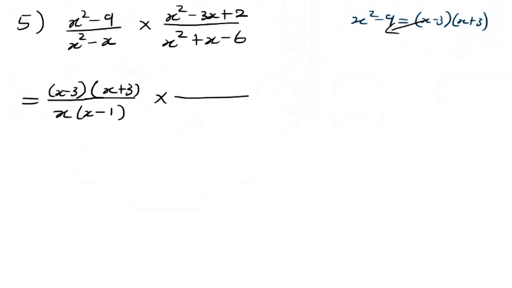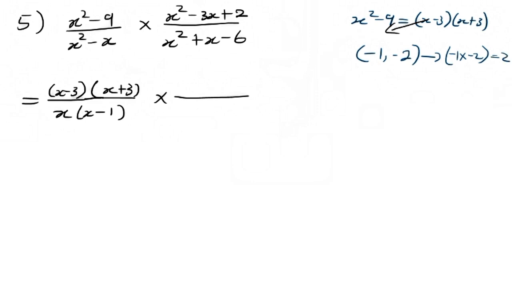Now we have x squared minus 3x plus 2, which is a quadratic expression, right? I've already shown you how to factorize a quadratic expression. So we are going to think of the product of 2 and the sum of negative 3. Let's try minus 1 and minus 2, right? Minus 1 times minus 2 will give us positive 2.